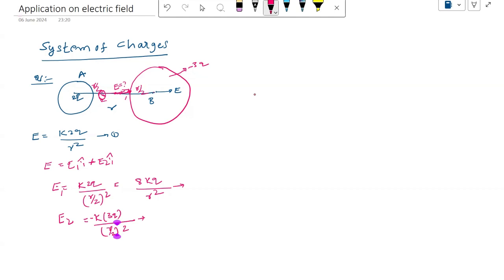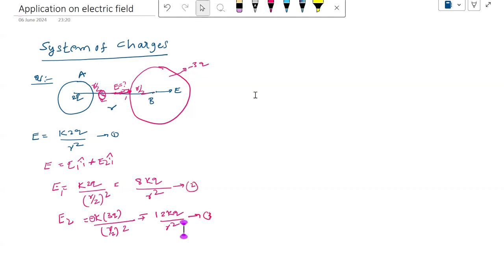So here I have already given this minus with direction. So no need to subtract, addition only. That is equal to how much? 3 times 4, 12 KQ by R square. So this is equation 3 and equation 2.